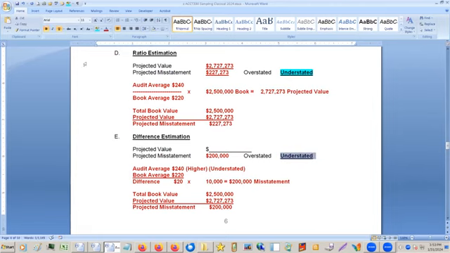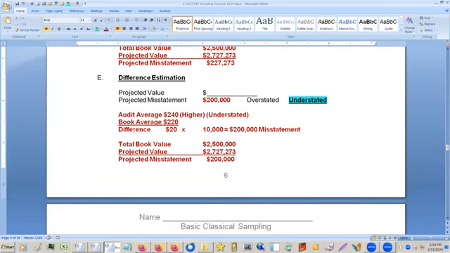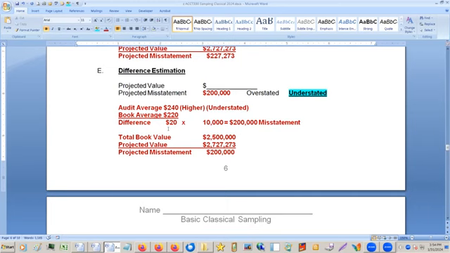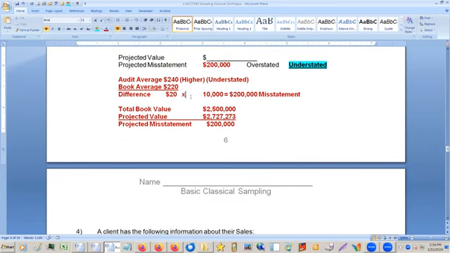And again, on this one, notice that we're saying that every one of these is understated by $20. Here's the audit average, here's the book average. Every single one of these is understated by 20. So you're going to take this $20 and multiply it by every single item, so every single item is off by $20. So multiply by 10,000 items. This is what the misstatement is. And these will be understated.